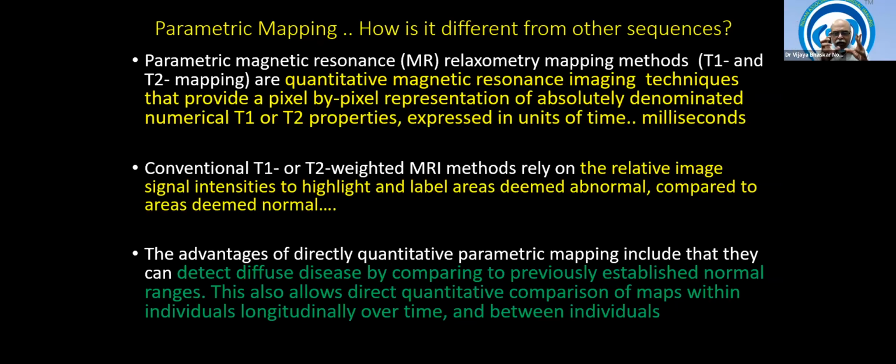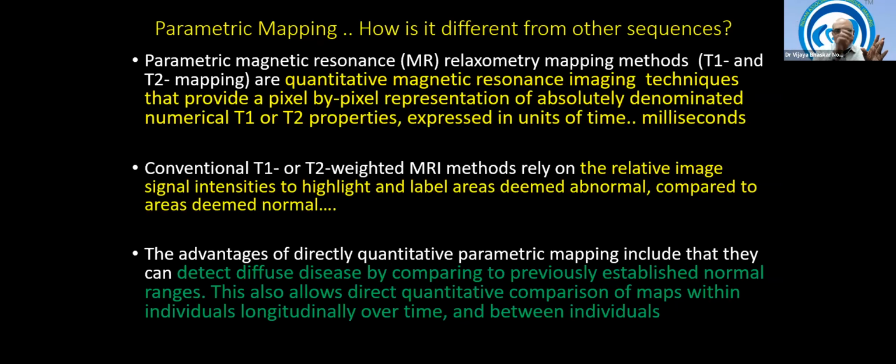So inherent protons in the voxel, healthy or abnormal, will behave in a different way based upon their healthy or abnormal state. These T1 relaxation values are calculated after giving an inversion pulse in an inversion recovery sequence, and are represented in a pixel-by-pixel pattern.